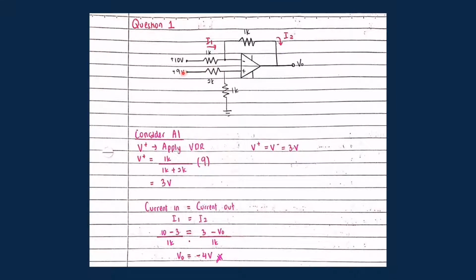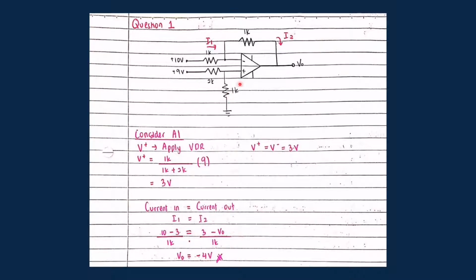Because it has two resistors here, which is in parallel, and the voltage I want to find is at 1 kilo resistor. So I apply the VDR and use the voltage supply here, which is 9 volt, and get the answer of 3 volts.